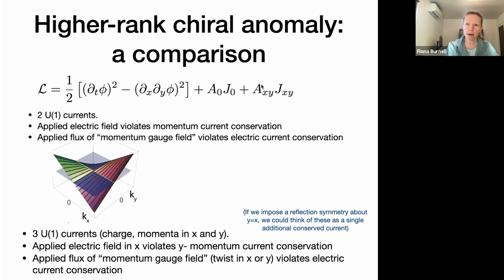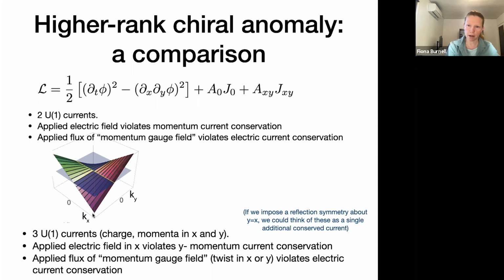And when we applied the analog of the electric field associated for this funny gauge field, which just has the two components A0 and Axy, so this higher rank gauge field, we applied the electric field and it violated that current conservation of this kind of higher rank analog of the axial current.